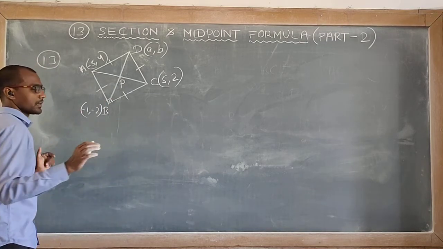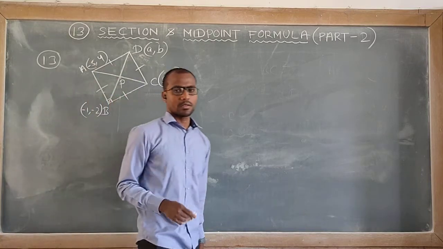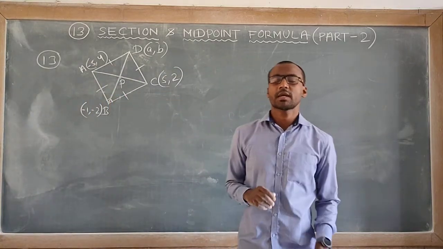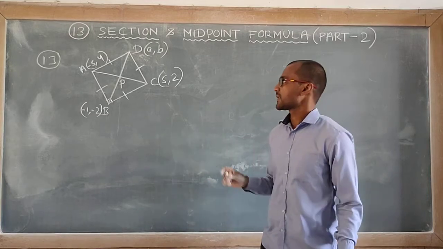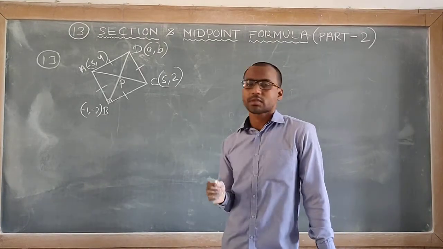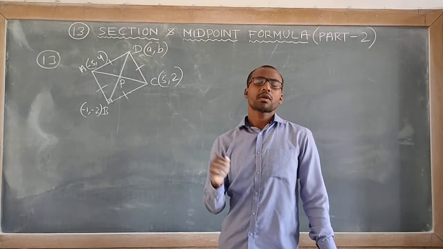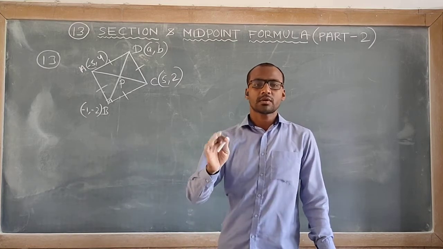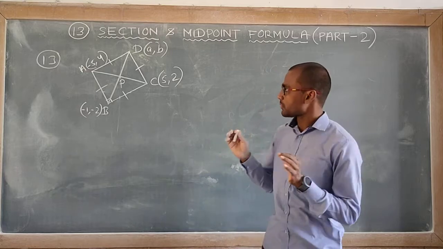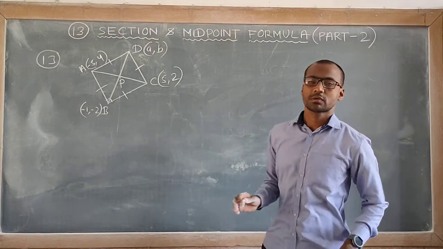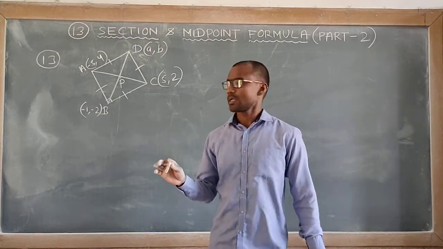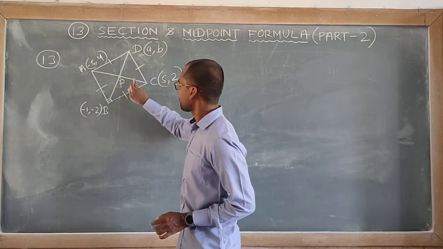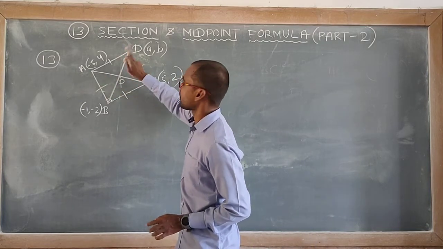Now see, there is a property of square which we have already studied in class 9 rectilinear figures. Diagonals of a square are perpendicular bisectors of each other. Here perpendicular is not necessary. Simply we have to understand that diagonals of a square bisect each other. Means AP is equal to CP and BP is equal to DP.